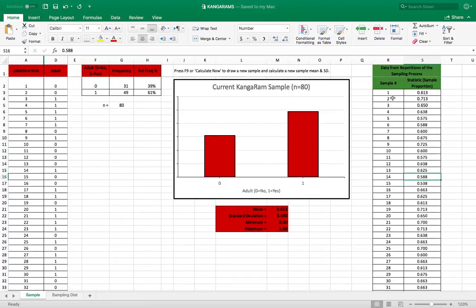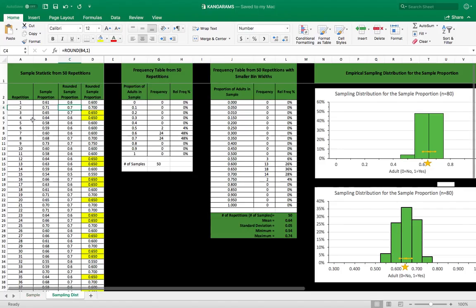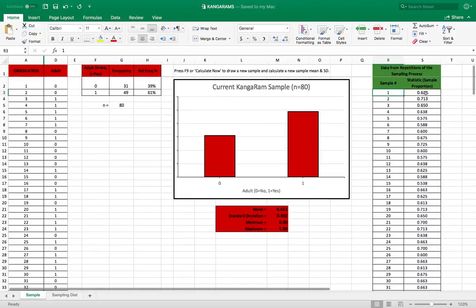This table is where we got our data and brought it over to this next worksheet. This is the exact same data that was on the other sheet. Sample proportion 0.61 for the first sample, as we can see here.